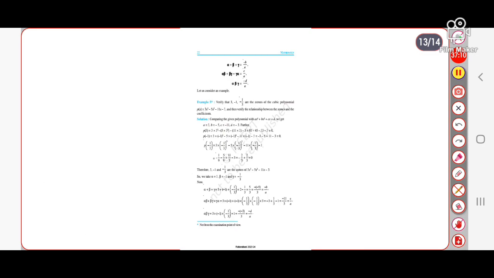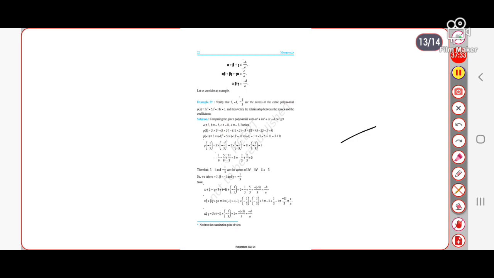So what is the first example? Verify that 3, minus 1, and 1 by 3 are the zeros of the cubic polynomial that is given, and then verify the relationship between the zeros and its coefficients. Okay, cubic polynomial, as I told, ax cube plus bx square plus cx plus d. Now they have given the values of the zeros and the cubic polynomial.